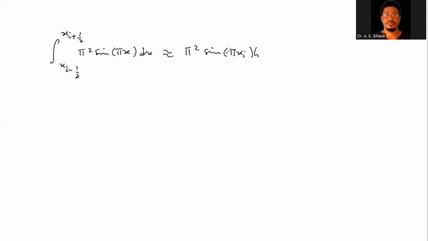So the finite discrete equation will now be the same as negative u sub I plus 1 minus 2u sub I plus u sub I minus 1 over h will be the same as pi squared sine pi x of I h.